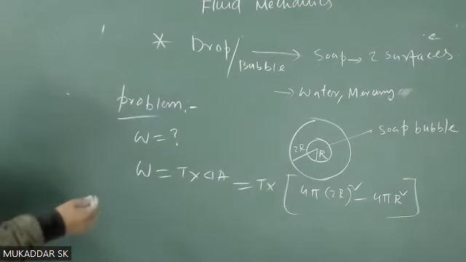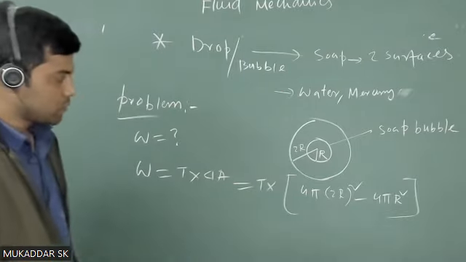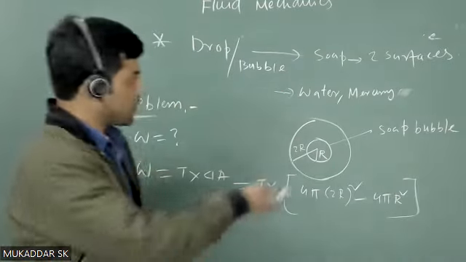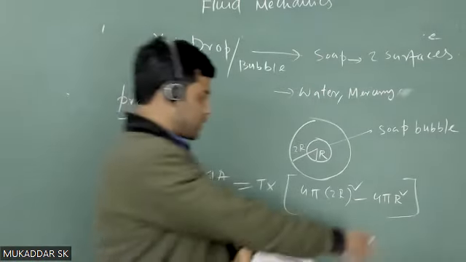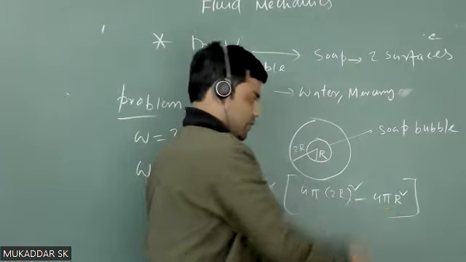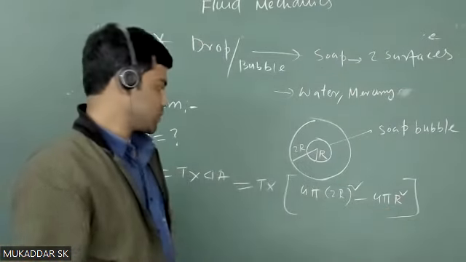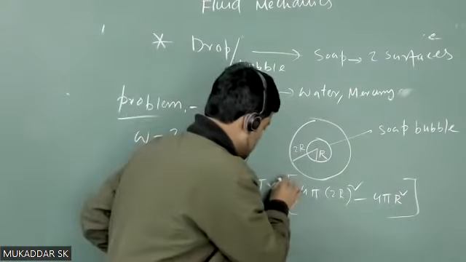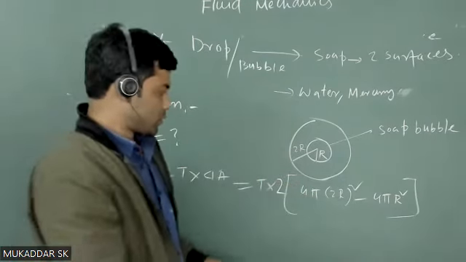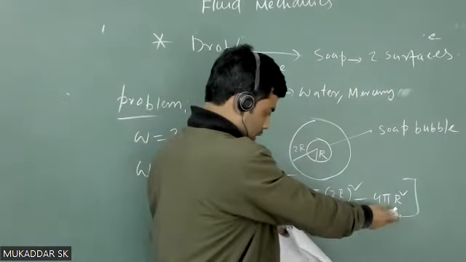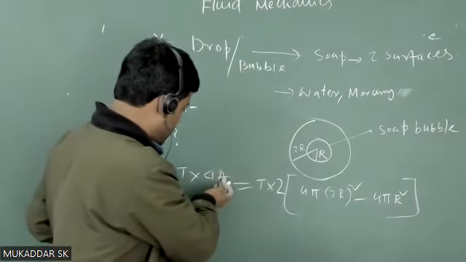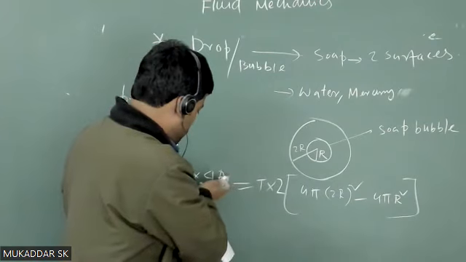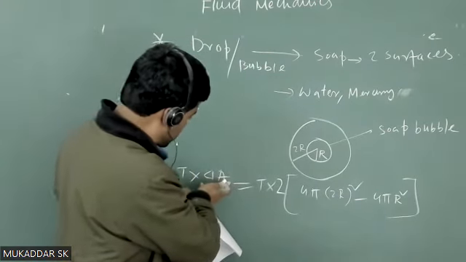But there is some problem, because the total change in area is not like this. If you remember, you have a soap bubble, and a soap bubble has two surfaces. So this is the change in area of a single surface, but you have two surfaces, so the total change in area will be 2 times. This is not the change in area of one surface, this is the total change in area.